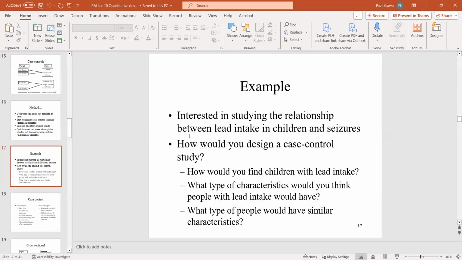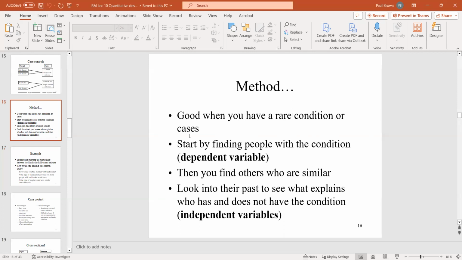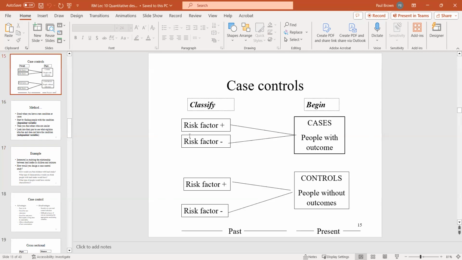So how would you do a case control study of this? When I understood, you would start with subjects who have seizures and then investigate lead exposure levels. That's right. So you start by finding these groups. You find a group that has seizures, and you find another group that has no seizures.